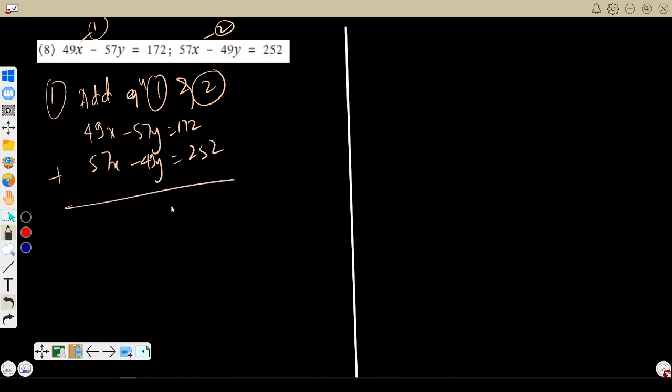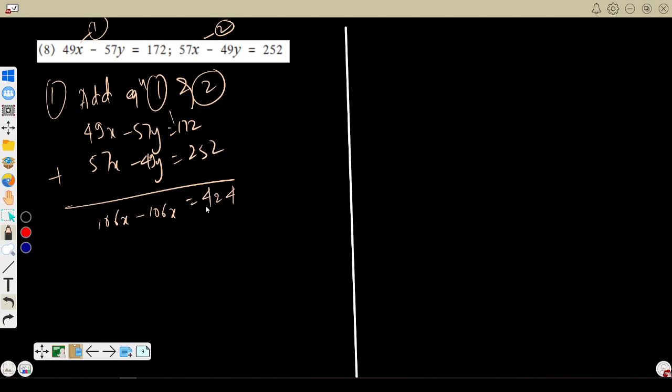So 49 plus 57, 106. This will be 106x. Then minus 57 minus 49, so this will again be minus 106y. Correct. Now 172 plus 252. 2 plus 2 will be 4. 7 plus 5 is 12. So 2 plus 2, this is again 4.